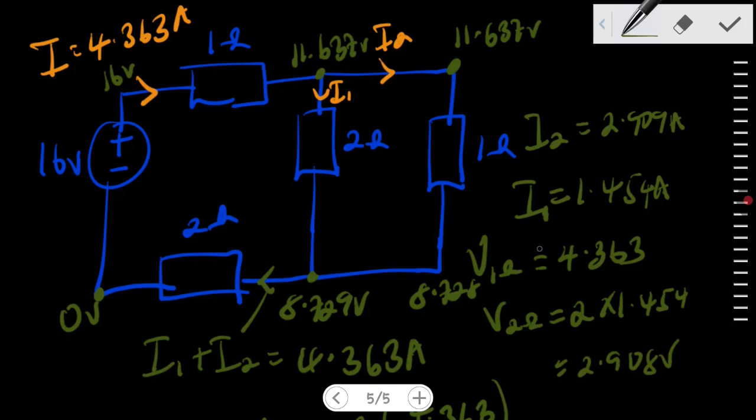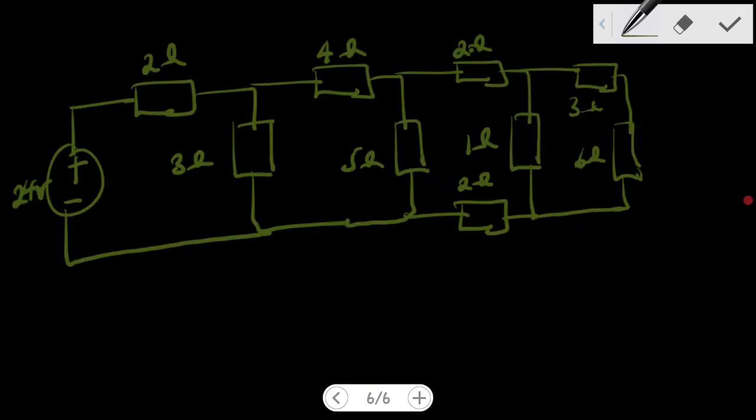Let's try one more example. Let's consider this circuit. We're having multiple resistors. Now, if we are to calculate the effective resistance in this circuit, I would prefer that whenever you calculate the resistance in a given branch, you redraw the remaining part of the circuit for easy follow up.